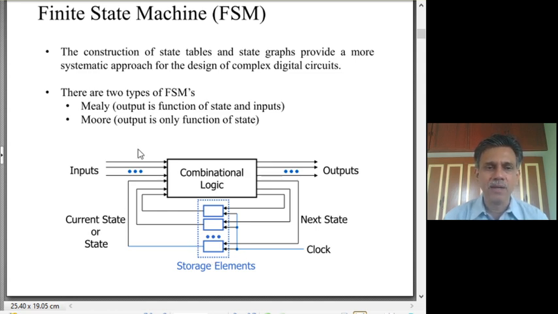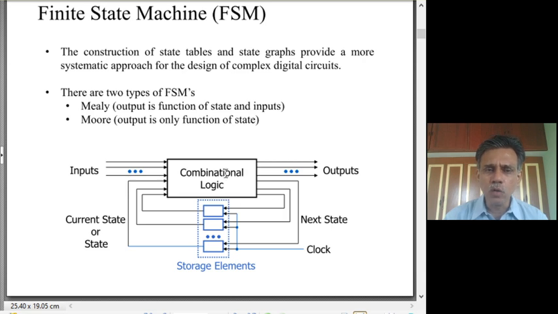At every clock period, there will be certain values available in the various bits of the input, and this circuit, merely based on combinational circuits, takes the input and the current state together and produces the output and the next state.